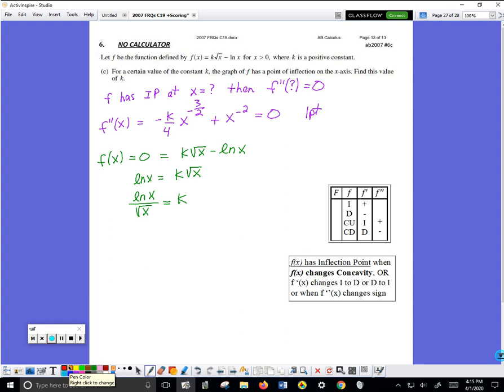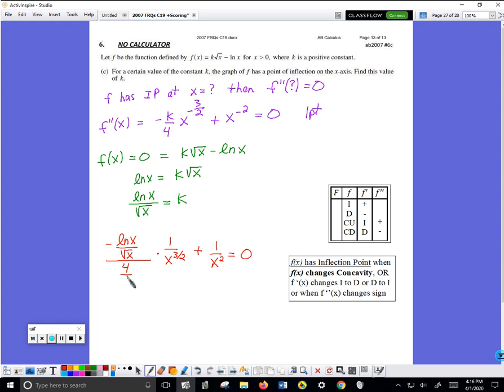Negative exponents here don't help me much, so I'm going to change that. So negative k, so negative natural log of x, all over root x, all over 4, multiplied by 1 all over x to the positive 3 halves, plus 1 over x squared has to equal 0.